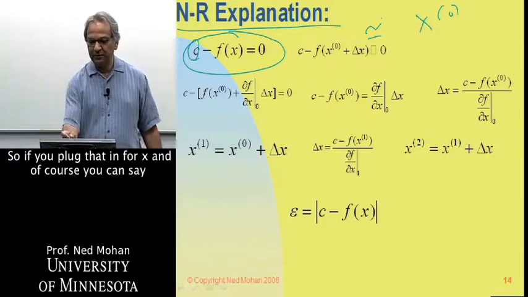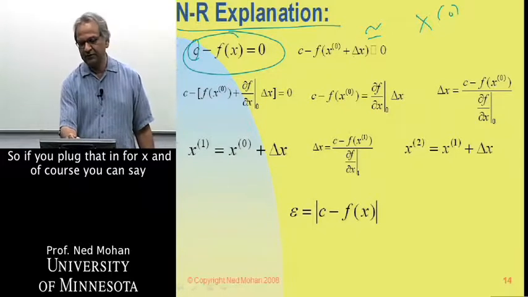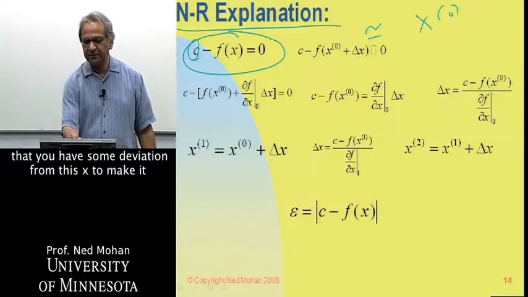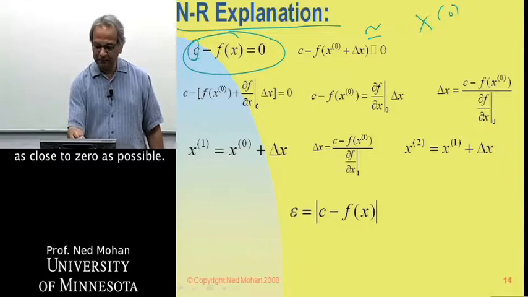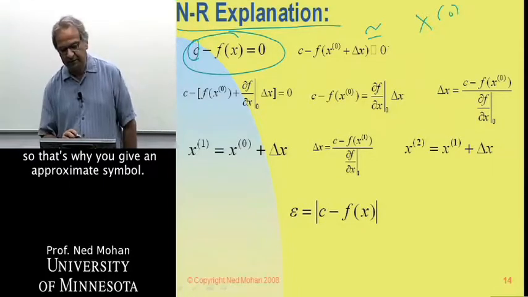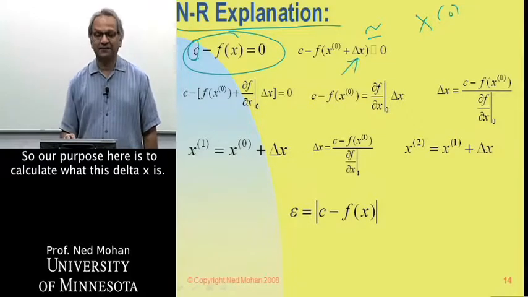So if you plug that in for x, you have some deviation from this x to make it as close to 0 as possible, but that again is an approximation. So that's why that approximate symbol. So our purpose here is to calculate what this delta x is.